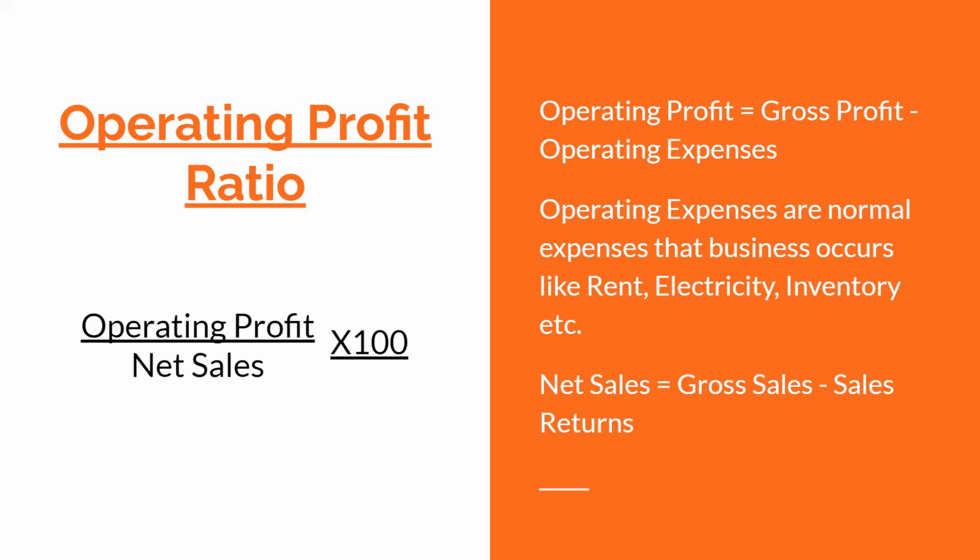Let's suppose you have operating expenses of rupees 500. Now you will have operating profit of 2000 minus 500, that is 1500, and your net sales are the same, 10,000. So calculating operating profit ratio, operating profit divided by net sales is equal to 1500 divided by 10,000, so you will get an operating profit ratio of 15%.